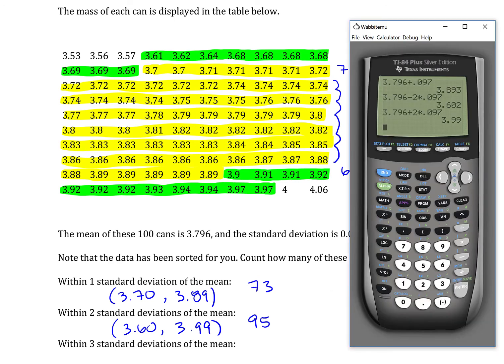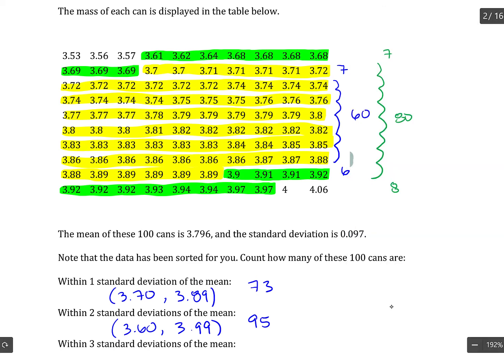And 3 standard deviations. We just do the process again, but go out 1 more standard deviation. So 3.796 minus 3 times my standard deviation, and plus 3 times my standard deviation. So 3.51 and 4.09.